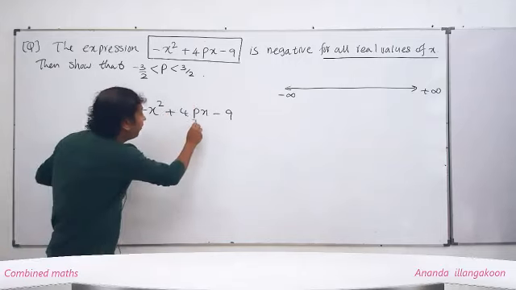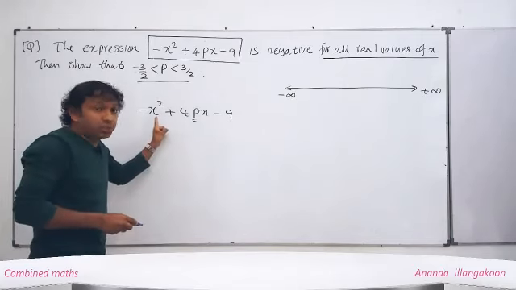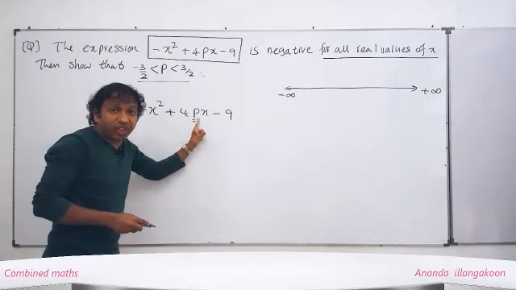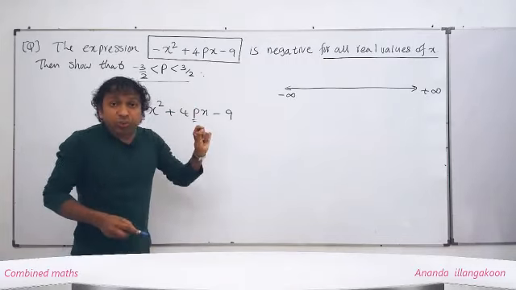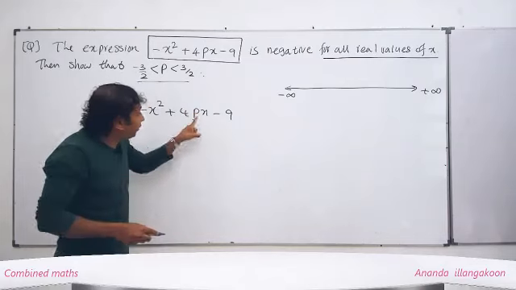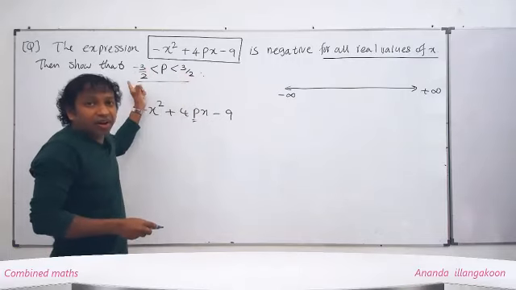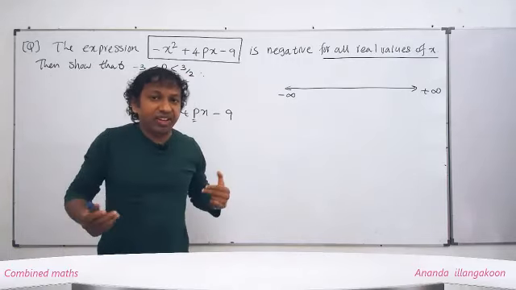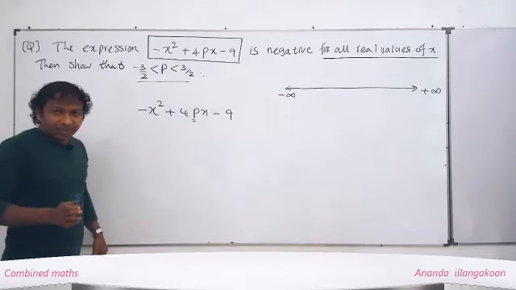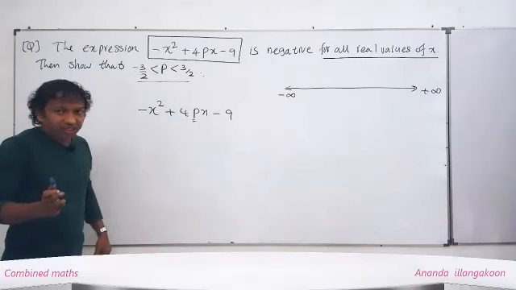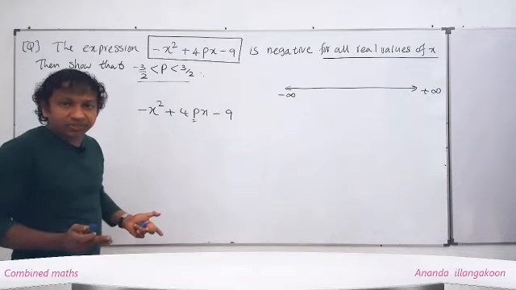In order to get a negative answer when you substitute a real number in place of x in this expression and simplify, this p should be in between plus 3/2 and minus 3/2. That is the question in hand. I think you could understand this. Right, people? Then let's see how to give the mathematical approach for this.